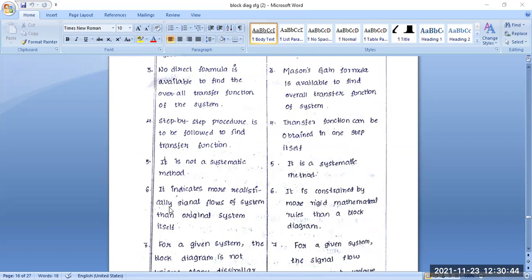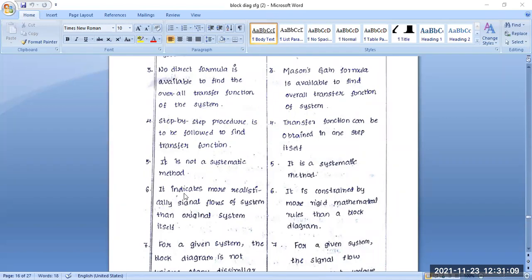But in the block diagram method, you start with either a cascade format of the blocks, or a cascade format of the summing points, or a cascade format of the feedback loop systems. So there is no systematic method present, but the signal flow graph method is a systematic method.